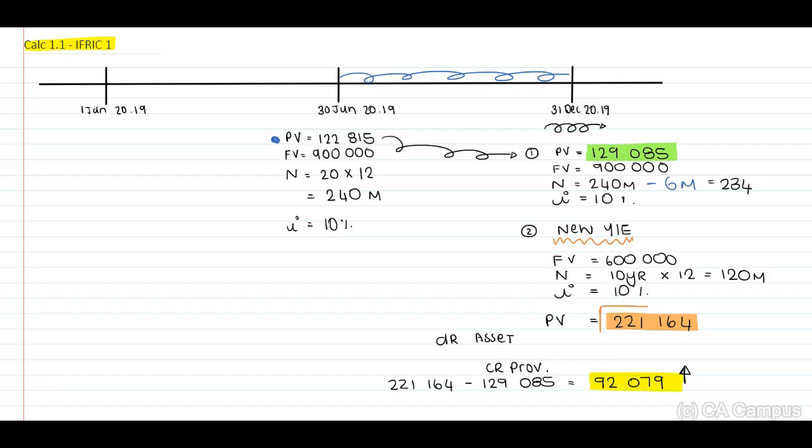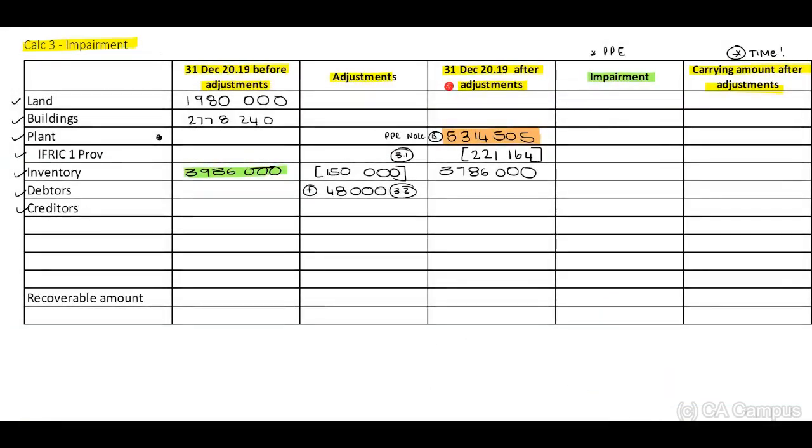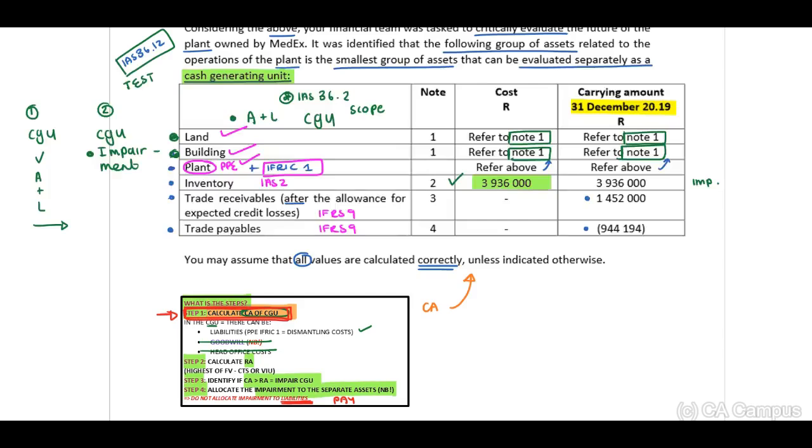Therefore, this 221,164. Okay? Therefore, this is the new balance. Calculation 1.1.1, and we need to transfer this to our impairment calc. When you look at my impairment calc, my plant, the IFRS 1, calculation 1.1.1, and I have transferred 221,164. Right, okay. Now we can tick off the IFRS 1.